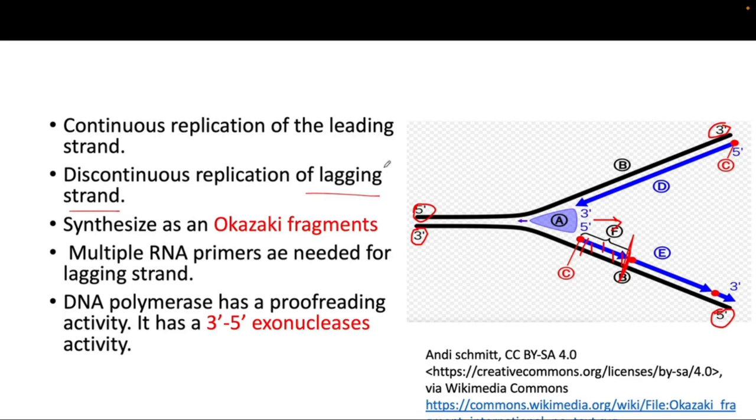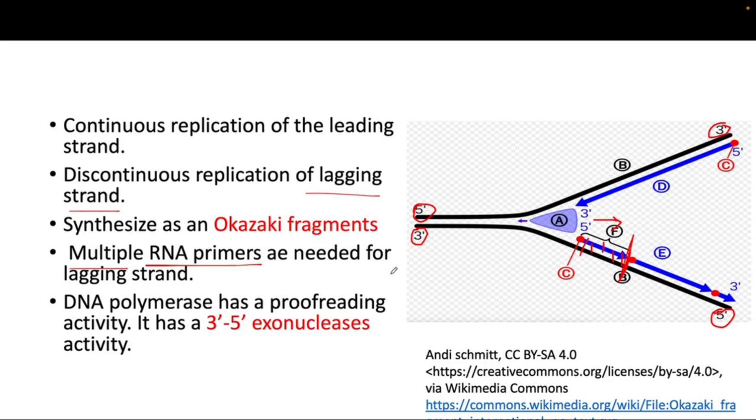That's why the lagging strand is synthesized as Okazaki fragments, because of the opposite movement of the helicase and the DNA polymerase. For the lagging strand, multiple RNA primers are required, because they are moving in the opposite direction.